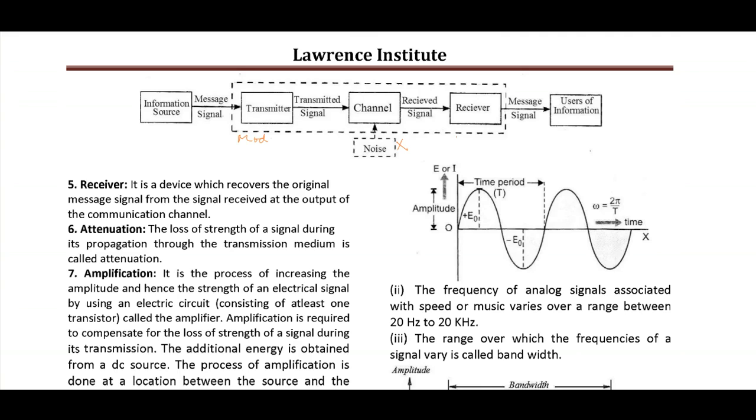And then here the process of demodulation, the reverse of modulation, takes place. Demodulation, or demod, takes place here. Modulation converts the message signal into a transmittable signal, and the receiver converts the transmitted signal into the original message signal. An additional job given to the receiver is the removal of the noise.